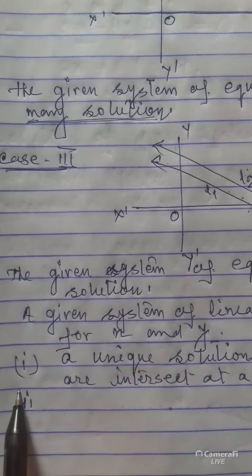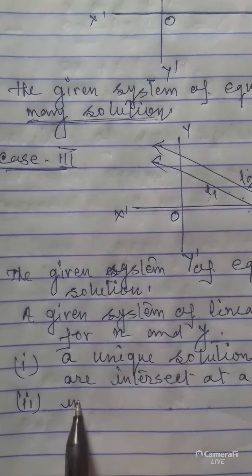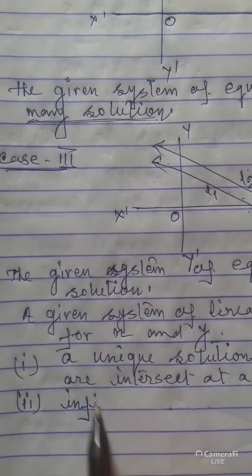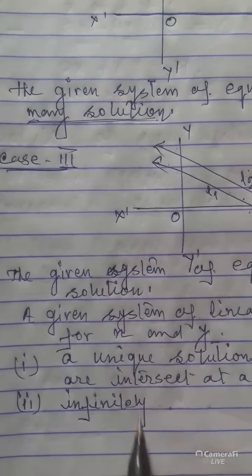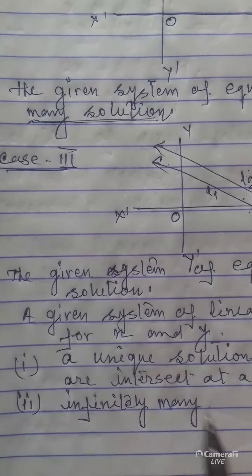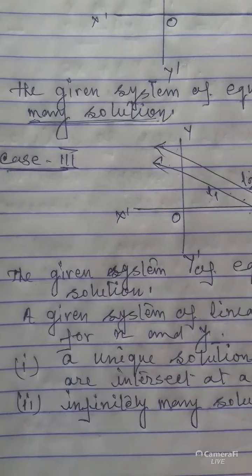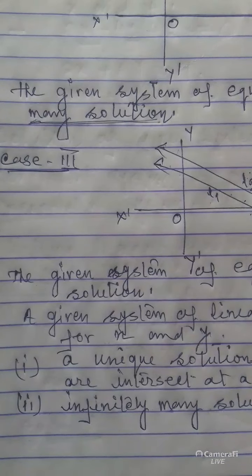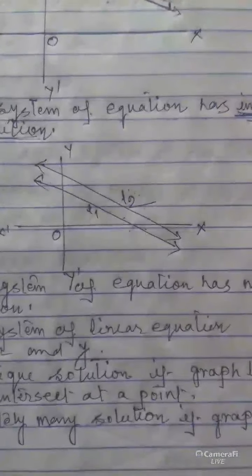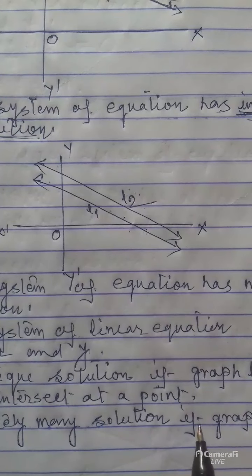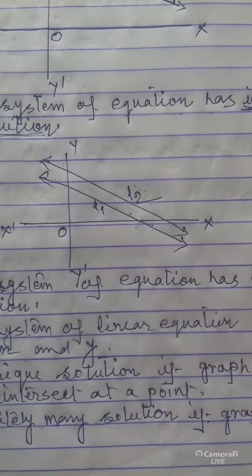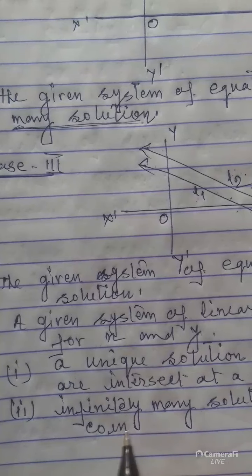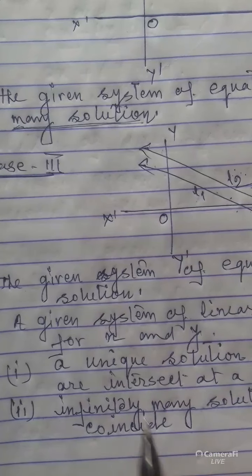Number 2, infinitely many solutions if graph lines coincide.